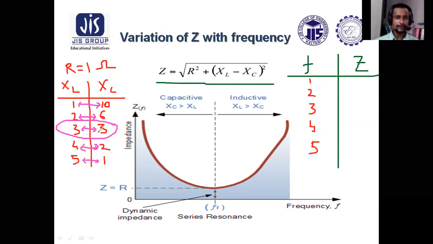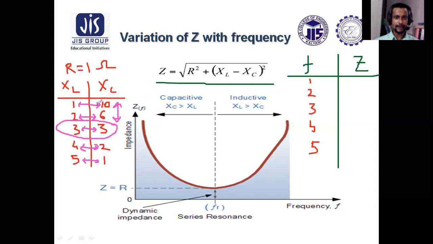So what is happening here? Till resonance, XL minus XC is very large. Which one is greater? XC is greater. So XL minus XC becomes minus 9, minus 8. As it is a whole square part, this minus will have no effect. So from 0 to resonance, the difference is decreasing.